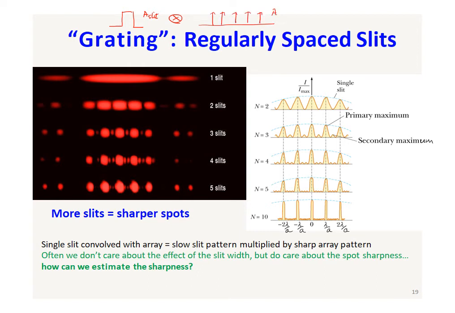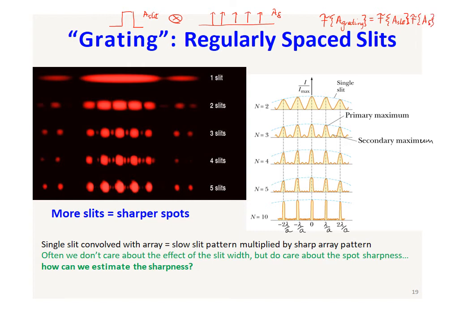We'll call that aperture a delta. That means that our far field electric field is going to be the Fourier transform of our grating aperture, which is then the product of the Fourier transform of the slit and the Fourier transform of the delta functions.